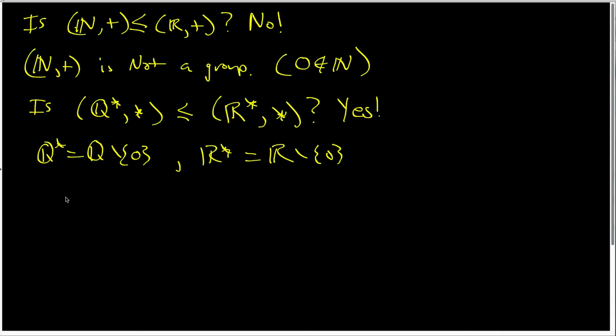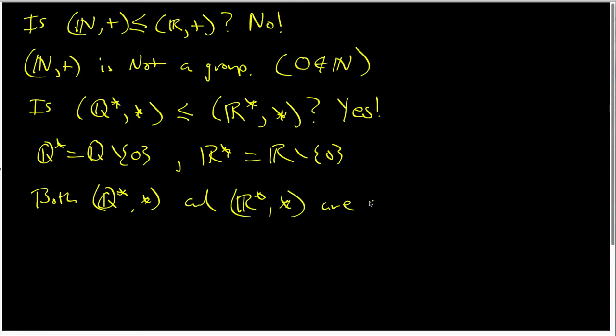Both of these are groups under multiplication. So both Q star under multiplication and R star under multiplication are groups. And clearly Q star is a subset of R star.